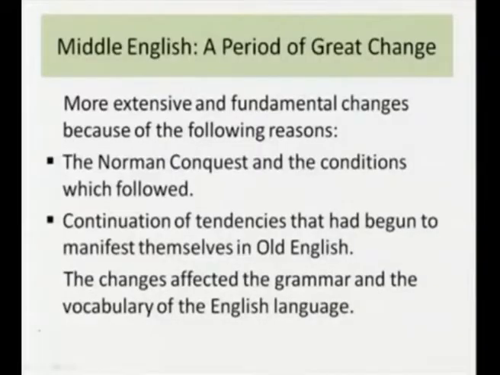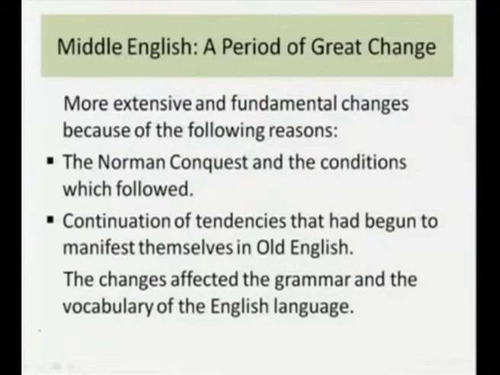So here too the Norman conquest and the conditions that followed were responsible for a period of great change. And yet we also find continuations of tendencies that had begun to manifest themselves in Old English.